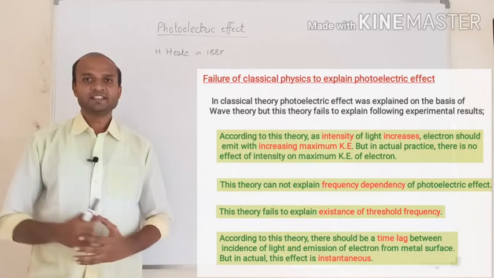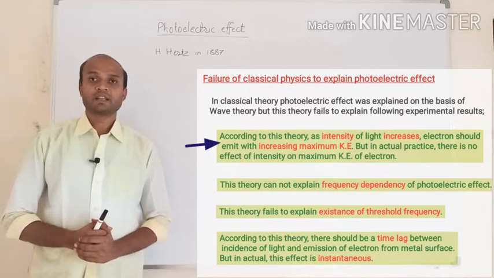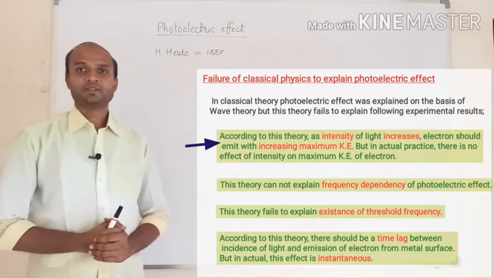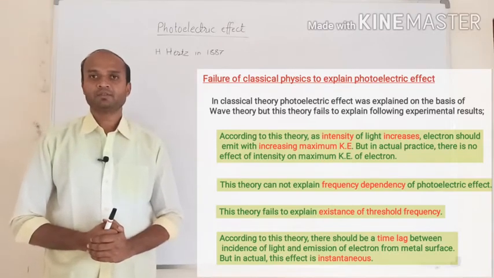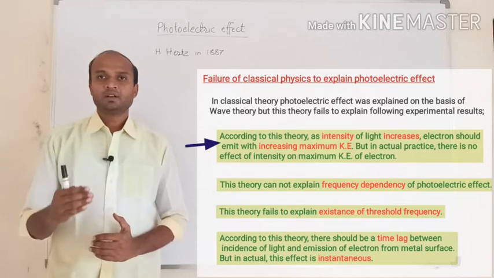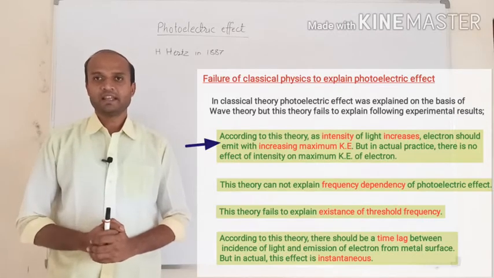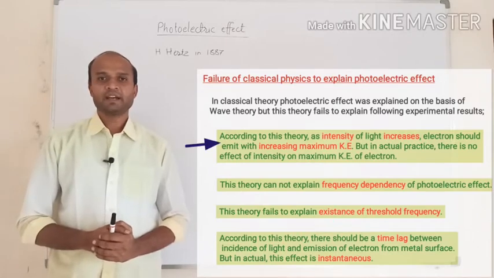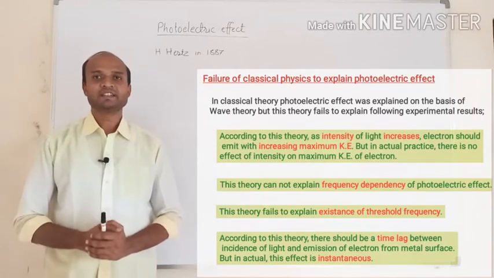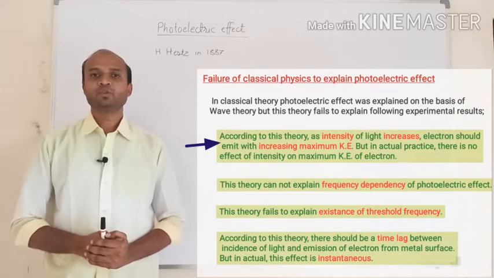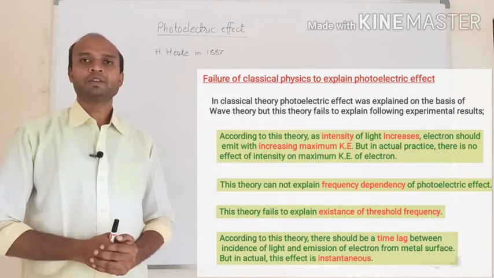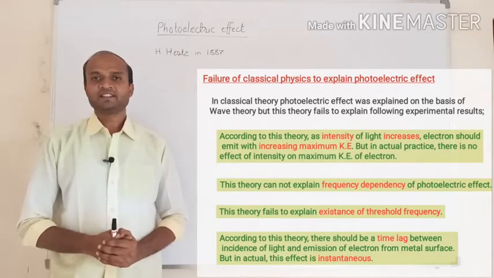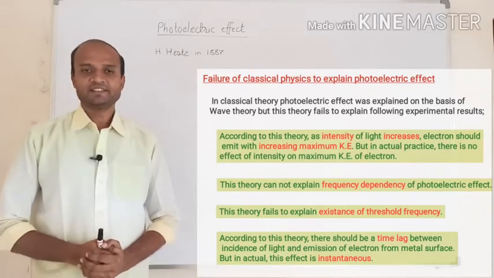Because according to classical physics, the energy of light should depend on the intensity of light, as the intensity increases, the maximum kinetic energy should go on increasing. But in actual practice, there is no effect of intensity on maximum kinetic energy; it is independent of the intensity.